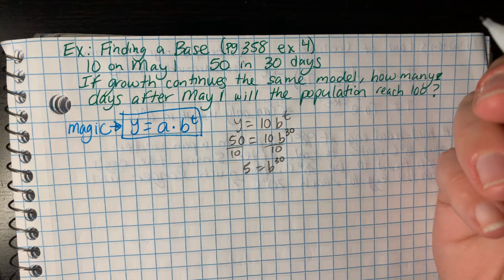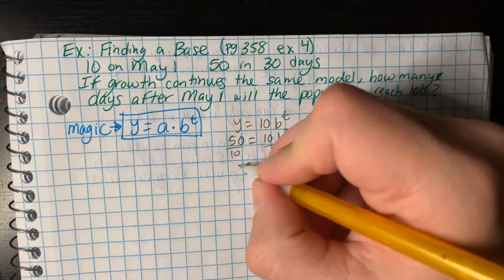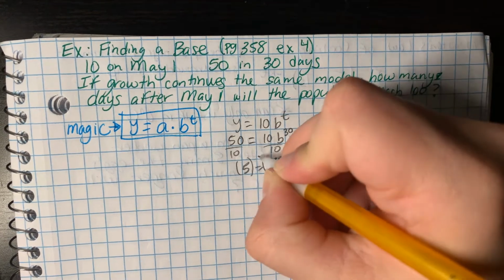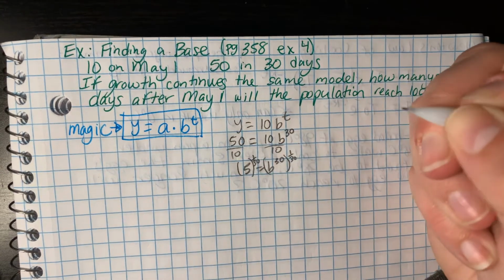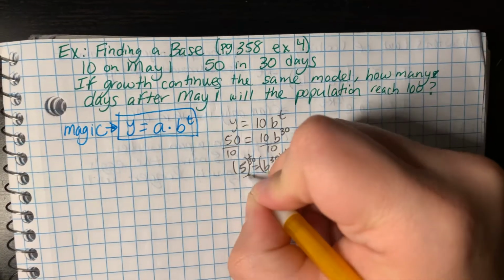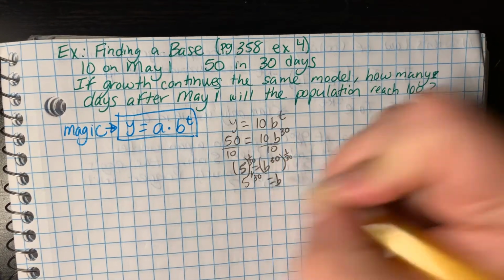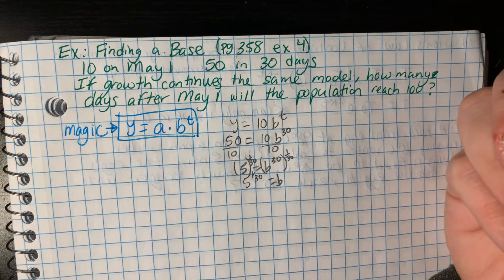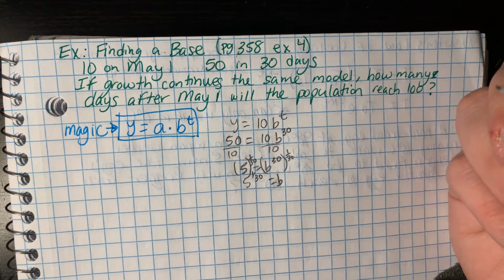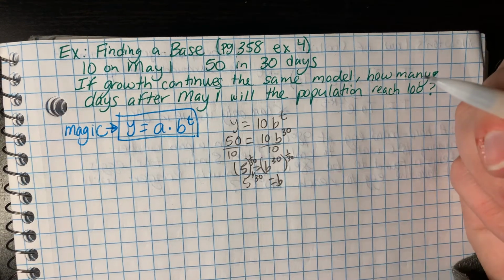We are going to multiply both sides by the 1/30th power, or take the 30th root of both sides. So our base b is going to be 5 to the 1/30th power.